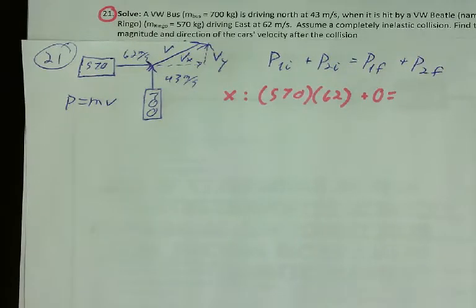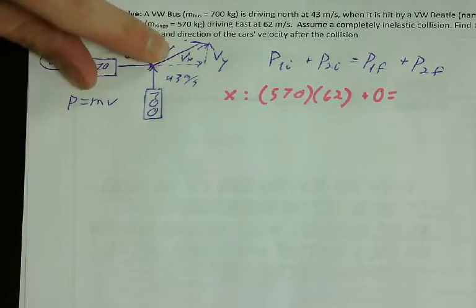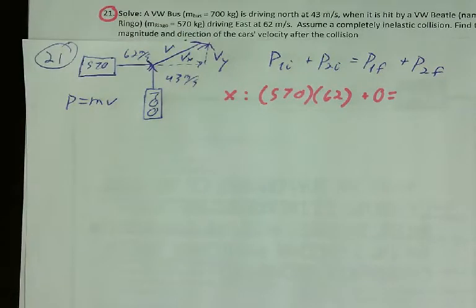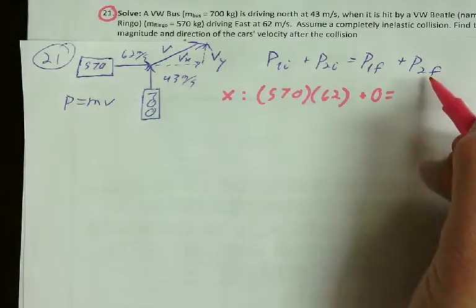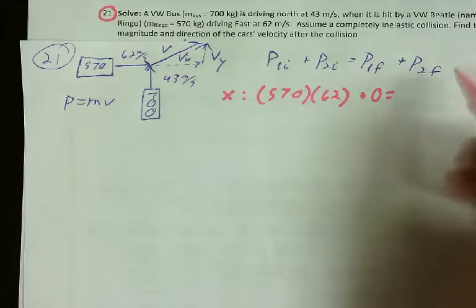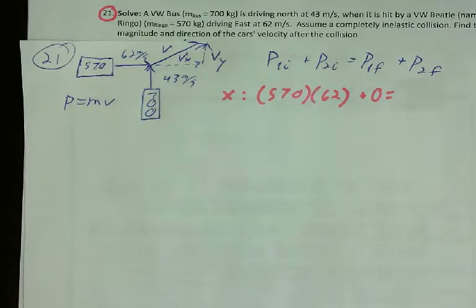Then I do the final. Well, they stick together. So that means, do both of them have an x? Yes, because both of them are going forward after the collision. How much forward, we don't know, but they're both going forward. So that means instead of having a P1 plus P2, we're going to have just a P12 because they stick together.